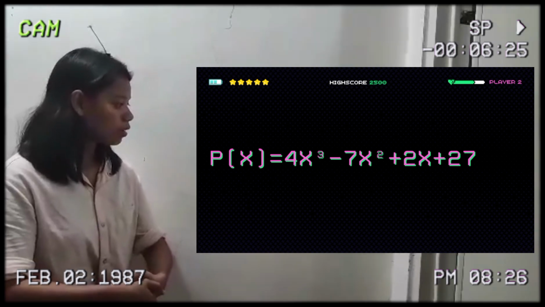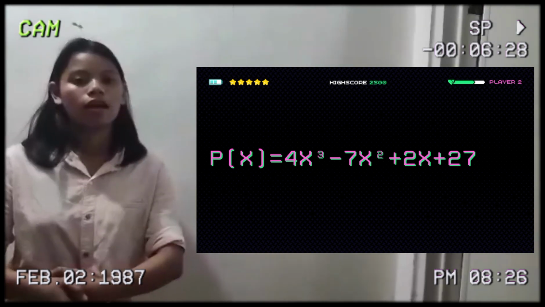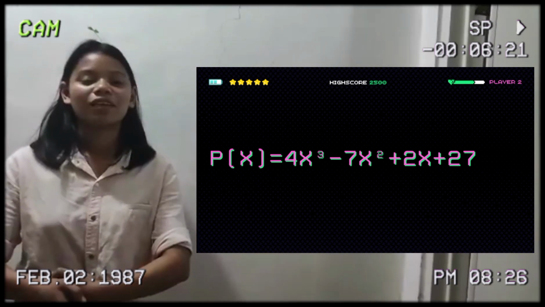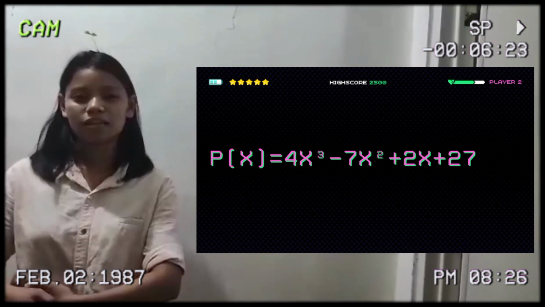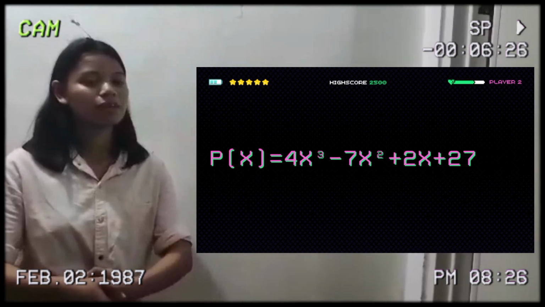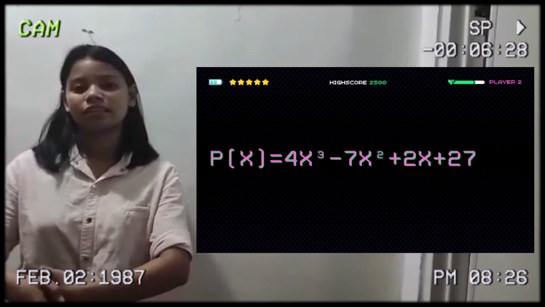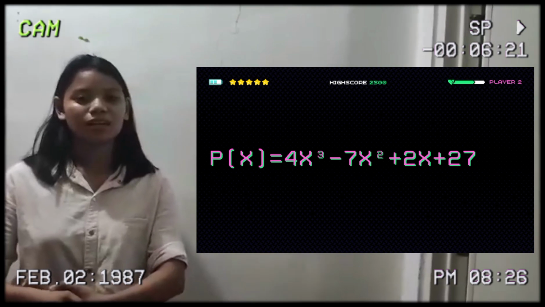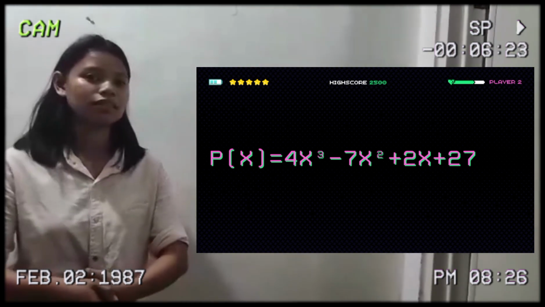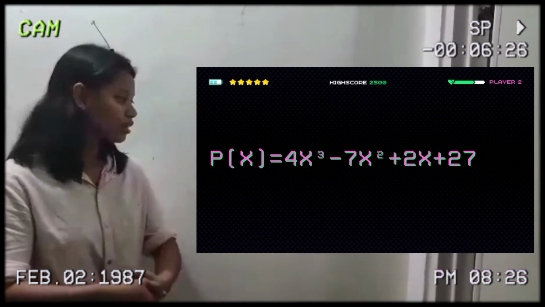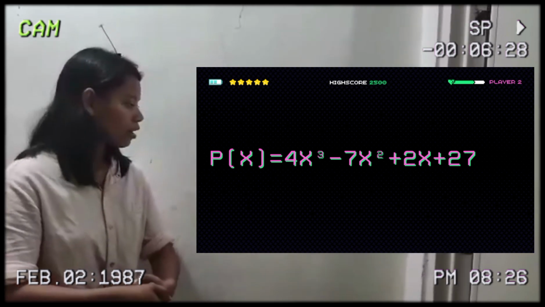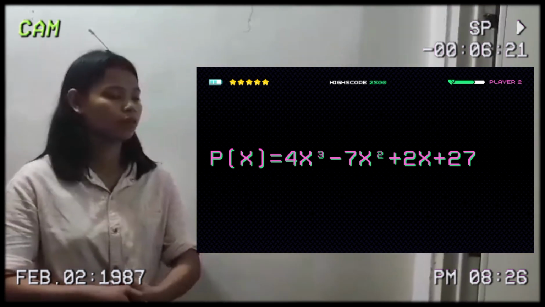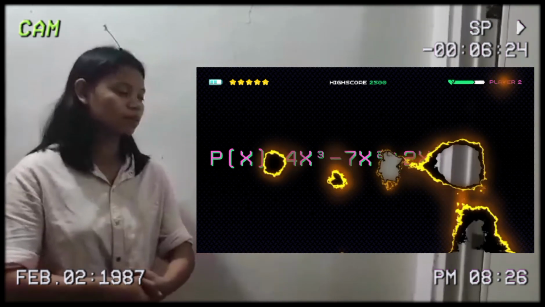Then negative 7 times x cubed raised to the power of 2 is negative 7x squared. Then 2x cubed is equal to 2x. Then 27 stays constant, so 27. So our answer is p of x equals 4x cubed minus 7x squared plus 2x plus 27.